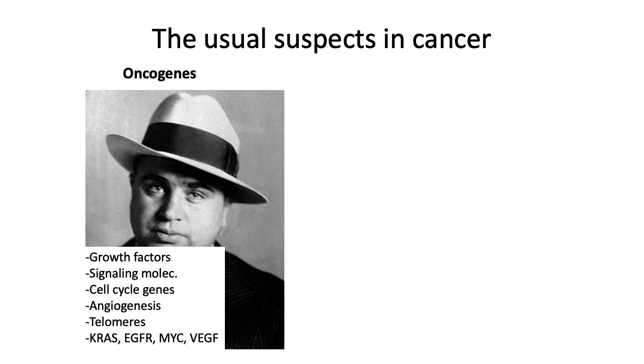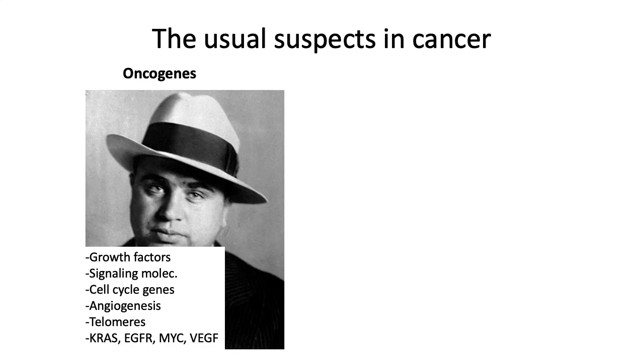Every time you divide your chromosomes, you lose a little bit at the end of the chromosomes, right? And for a cancer, that's horrible, because then you're going to eat into the genes and then the cell's going to die. So what these cancers do, it upregulates the creation of the telomeres so that you don't lose any bits of vitality in the tumors. And again, some of these are KRAS, EGFR, MYC, VEGF, which is the angiogenesis component.